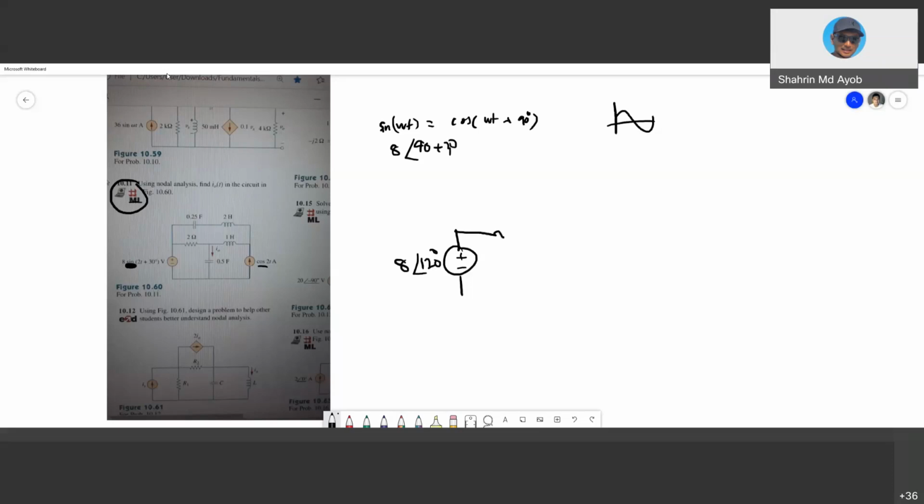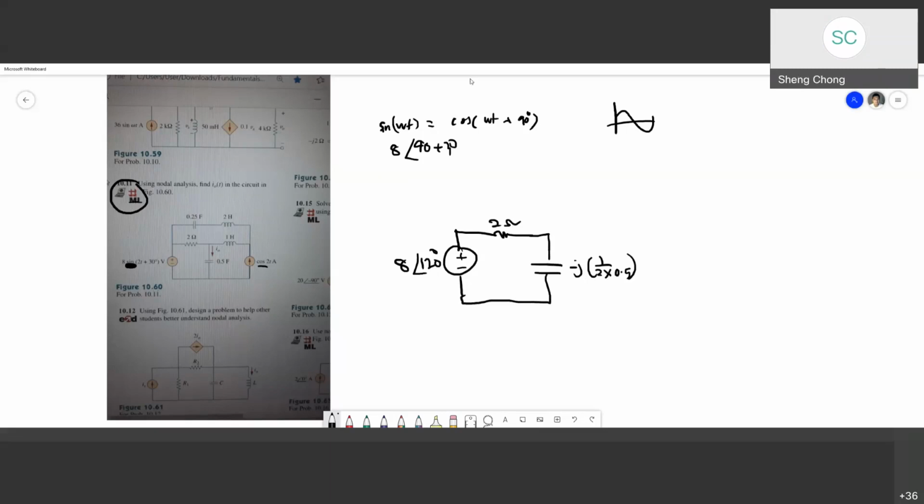Okay, and then you have the resistor, and all these you need to convert into reactance. So this XC here is negative j, 1/2 multiplied with... It's negative 90, minus 90 degrees.